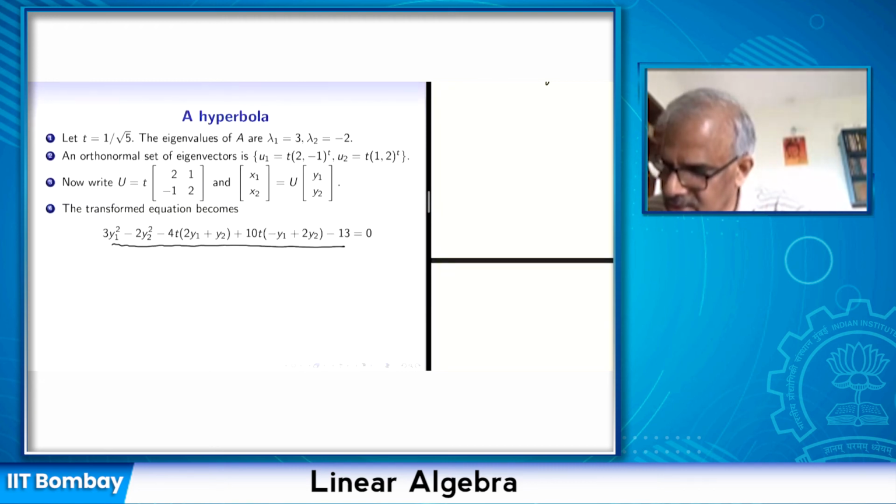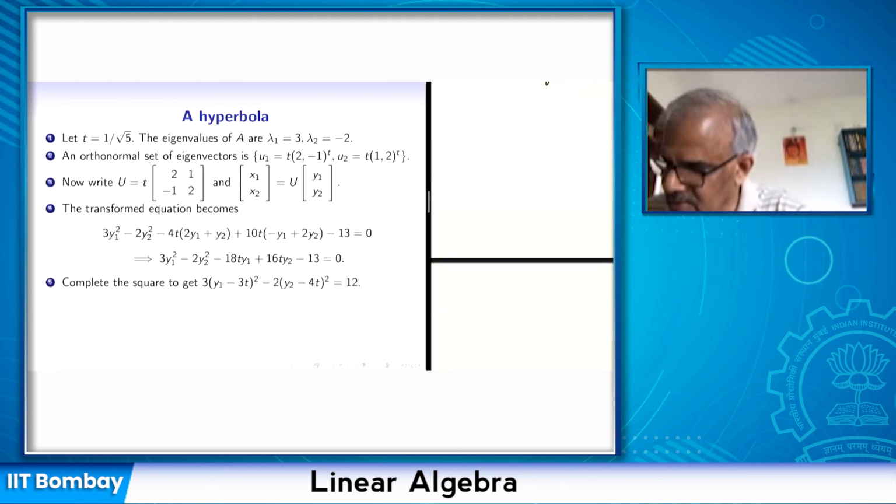In this equation, there is no y1 y2 term. So then I will complete the square for 3y1 square minus 4t 2y1 plus 10t minus y1, and then complete the square for minus 2y2 square, then 20t y2. So we complete the squares, and then we get this equation.